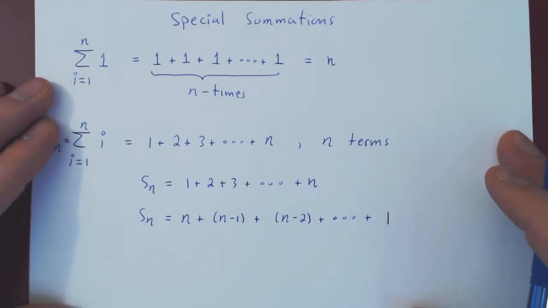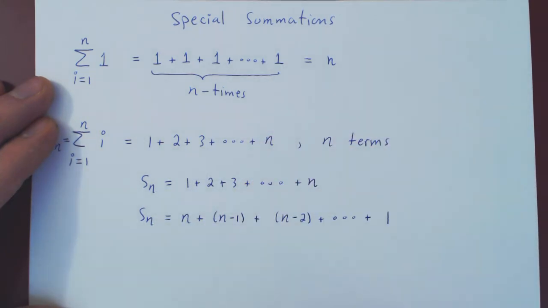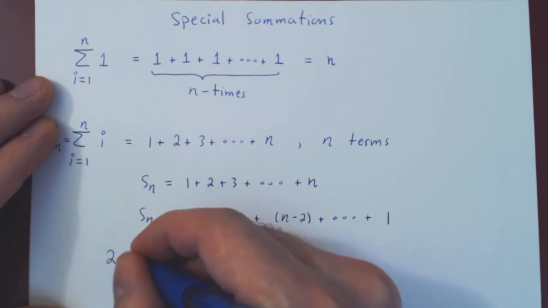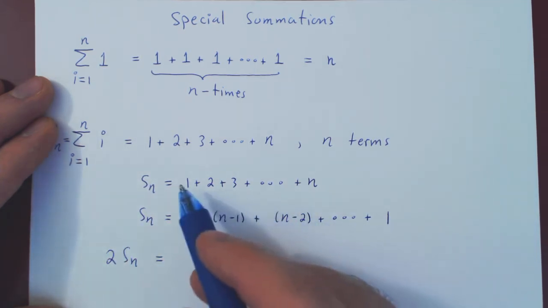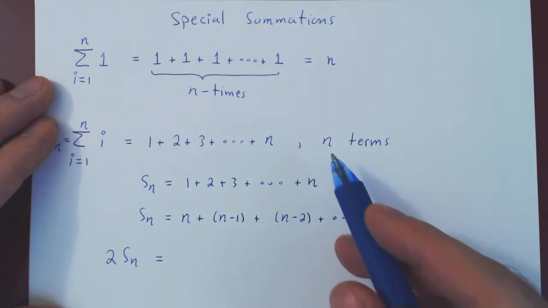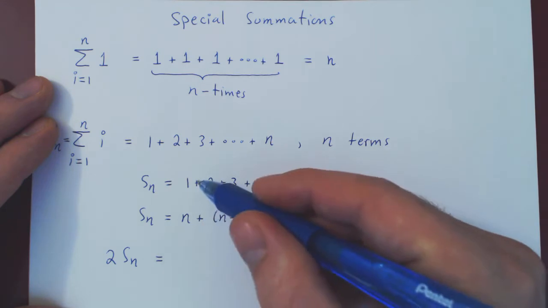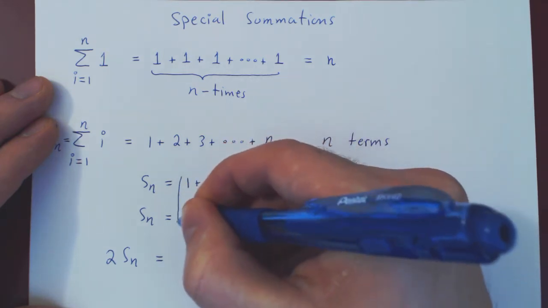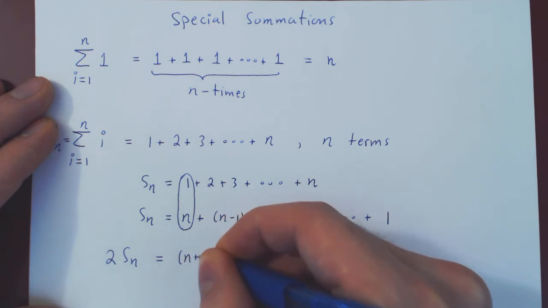And then you might ask, well, why am I doing this? Well, what I'll do is I'll add both together. So if I do Sn plus Sn, that's obviously 2Sn. And the question is, well, how do we add up these now 2n terms? We'll add them up in pairs. So if you add up n with 1, you get n plus 1.